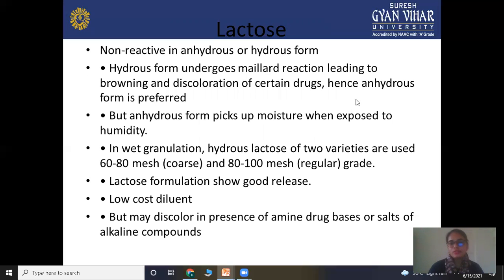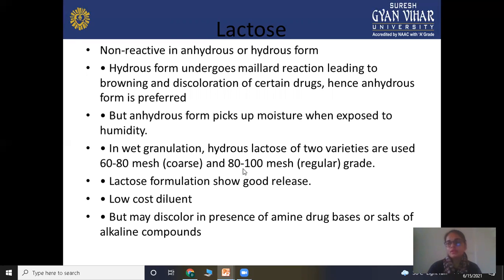But the anhydrous form also has a drawback: it easily picks up moisture from the environment, and due to this humidity the formulation of the drug easily degrades. So the disadvantage of the anhydrous form is that it easily takes up moisture from the environment. In wet granulation, two varieties of hydrous lactose are used: 60 to 80 mesh coarse, and 80 to 100 mesh regular grade.